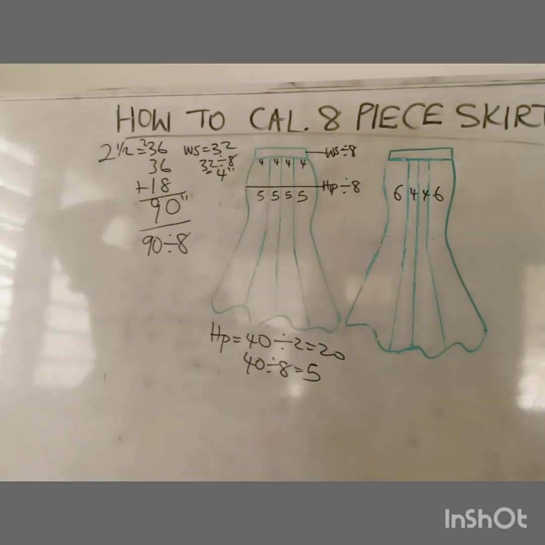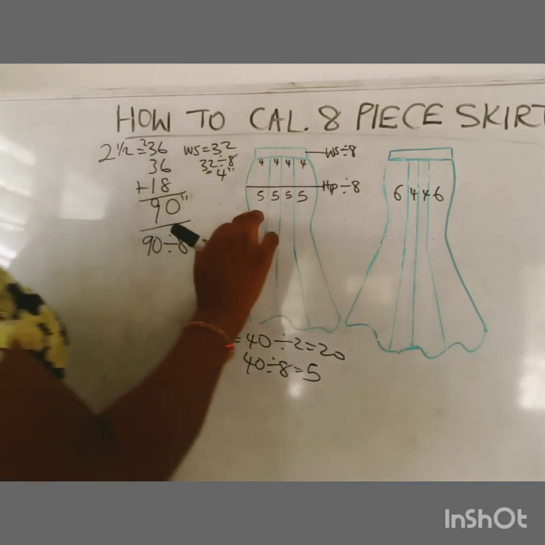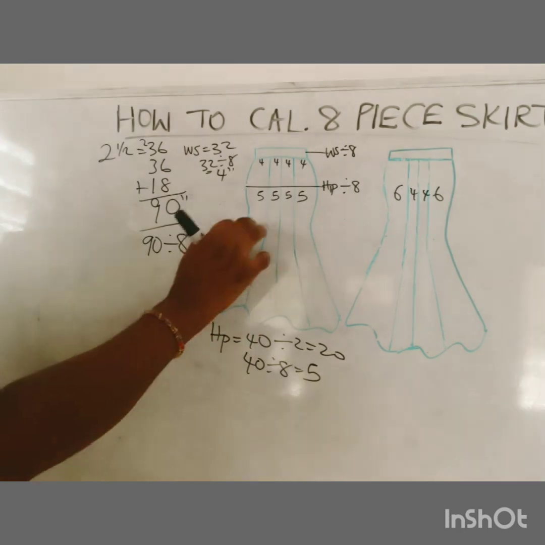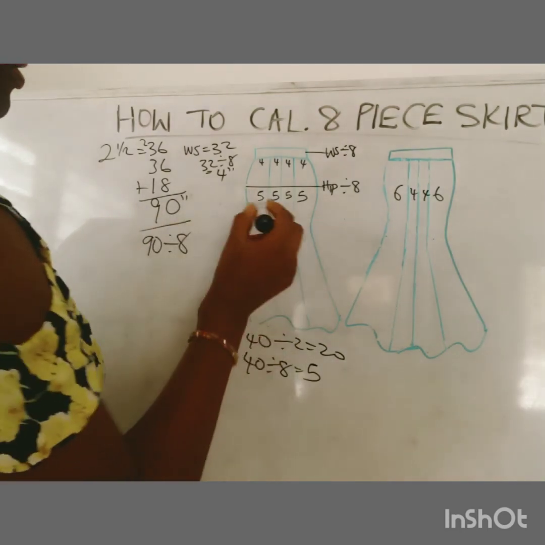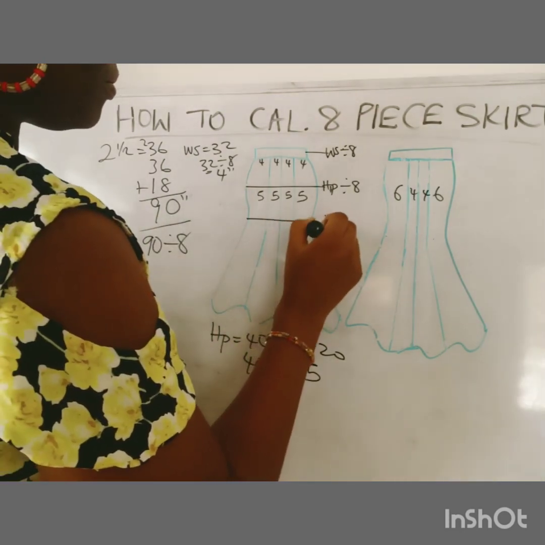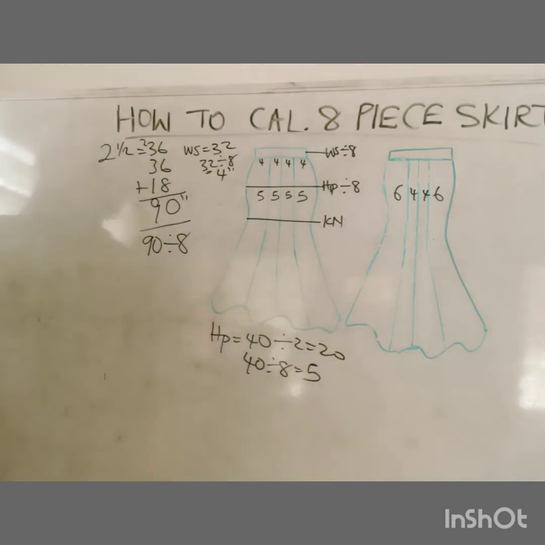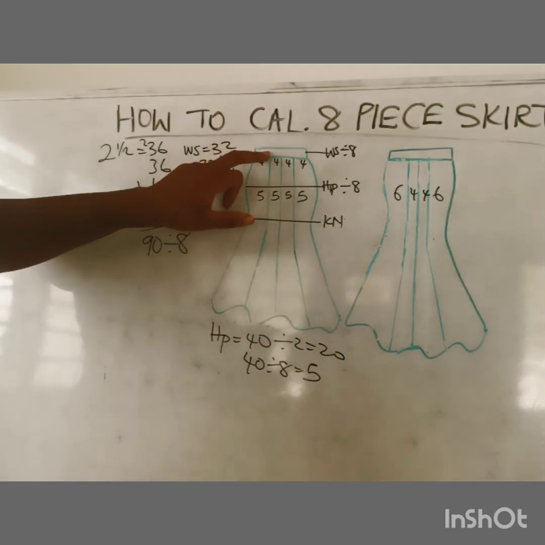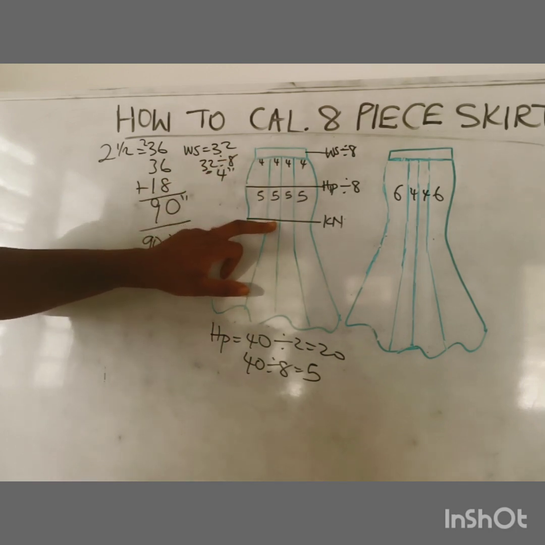And then to know how to get the curvy parts at the knee line, this is the knee line. You can just simply use the one you have on the waist for the knee.